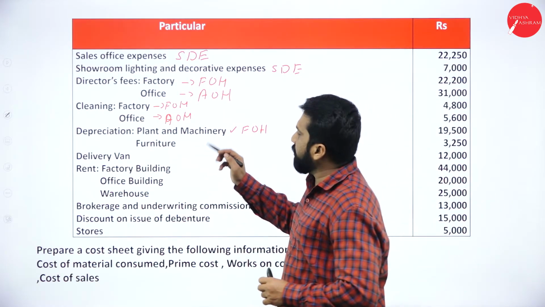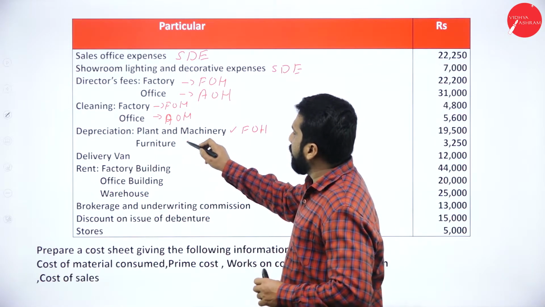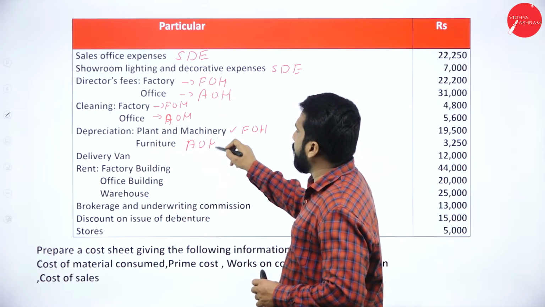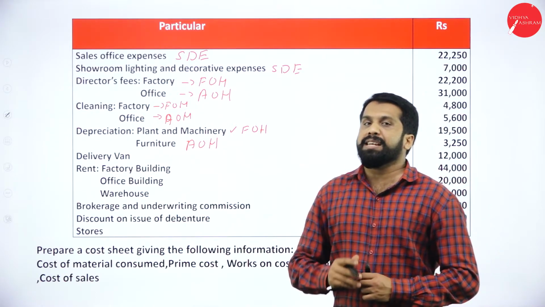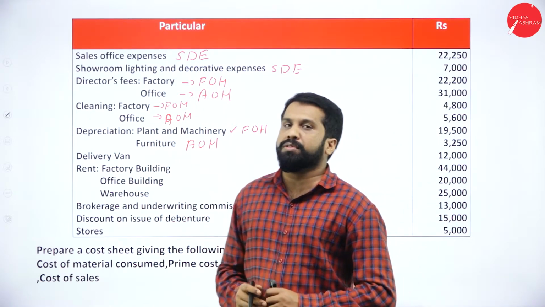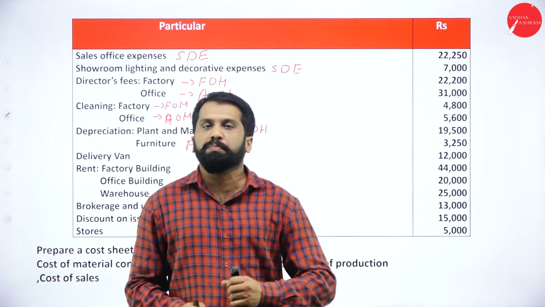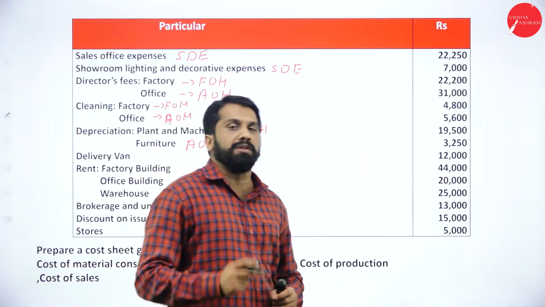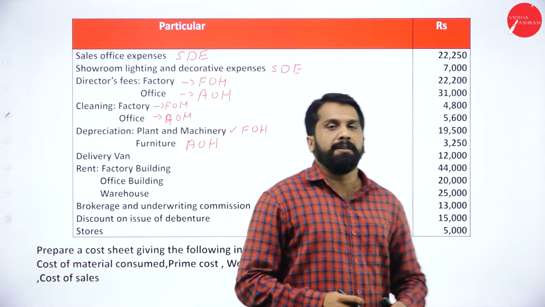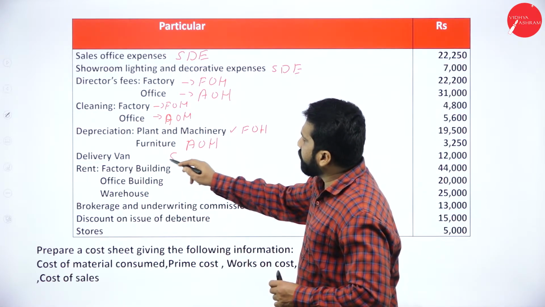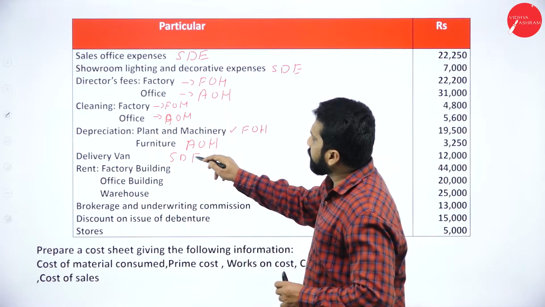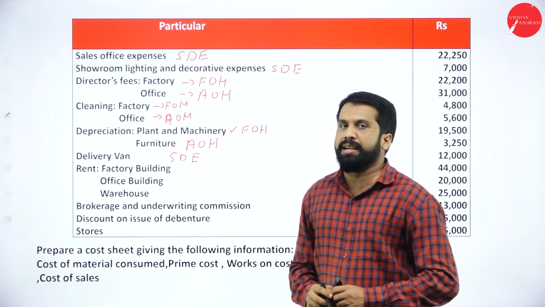Then furniture expenses, it will be administration overhead. Then delivery van. Where do you use delivery van? For transportation purpose. Why do you transport? To sell your product. So delivery van comes under selling and distribution expenses or else overhead.